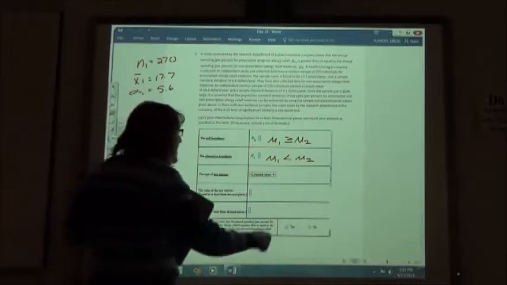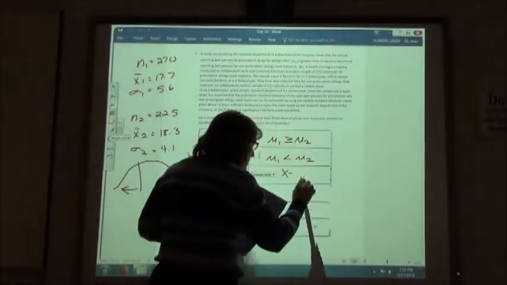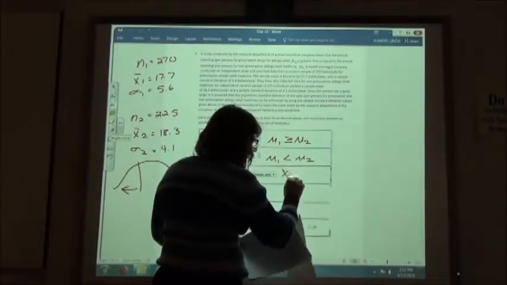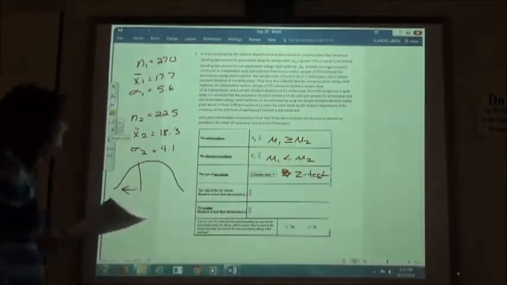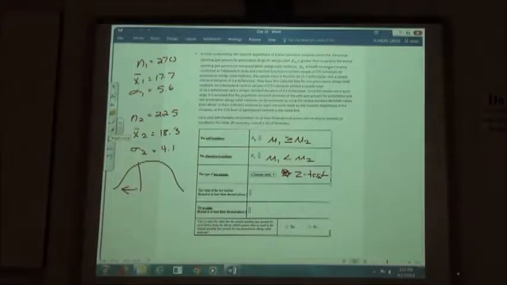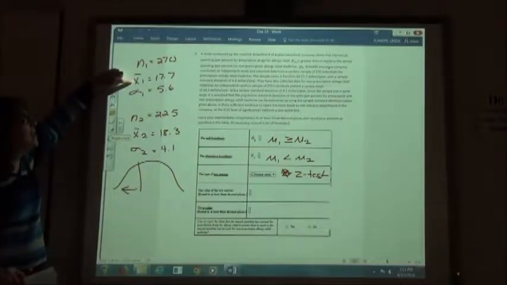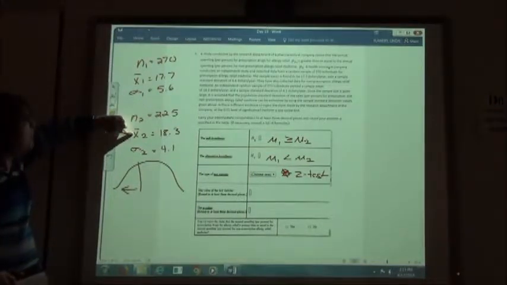Type of test statistic, again, we're going to do the Z test. And we have to find the value of our test statistic. So when we're finding the value of our test statistic, we're going to take x-bar 1 minus x-bar 2.